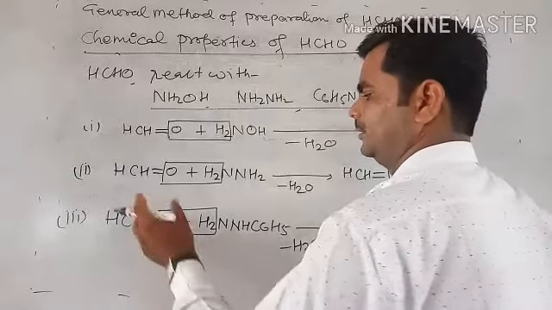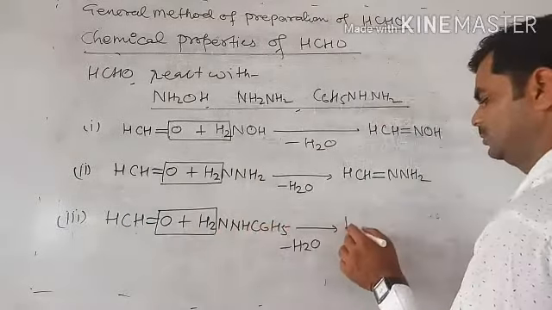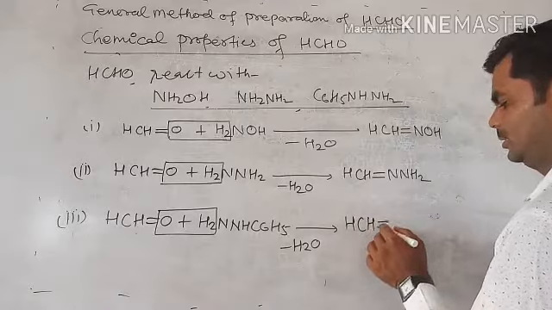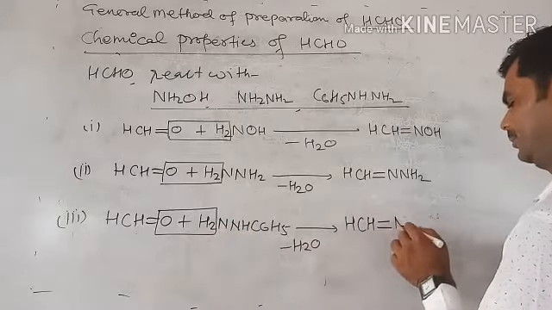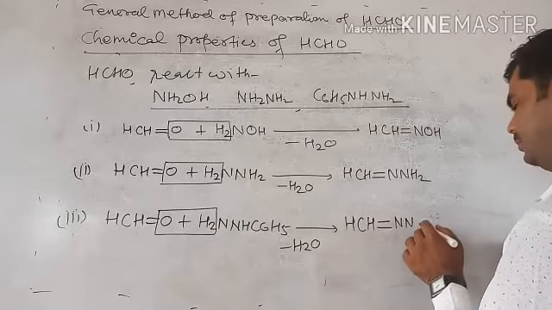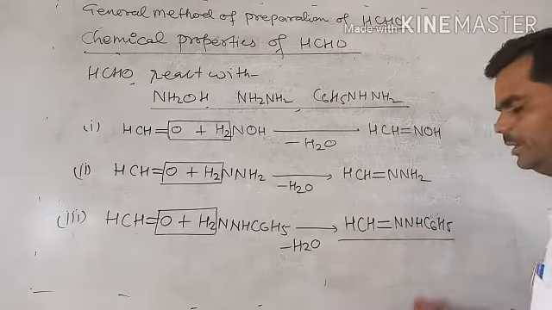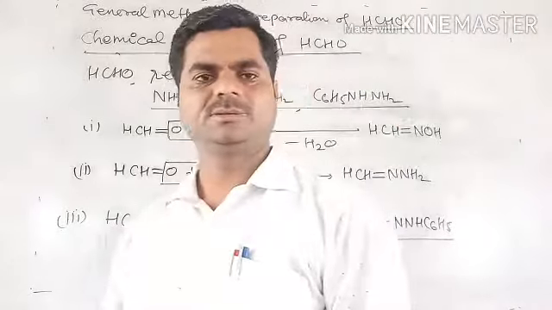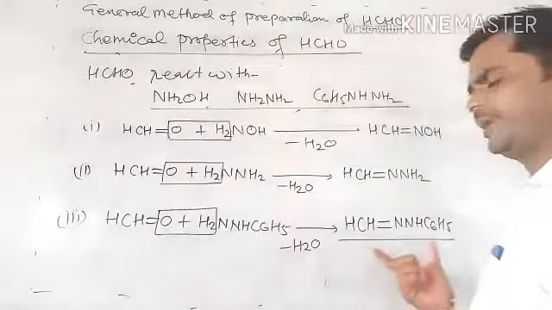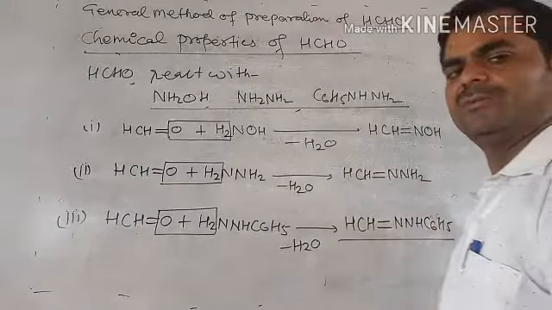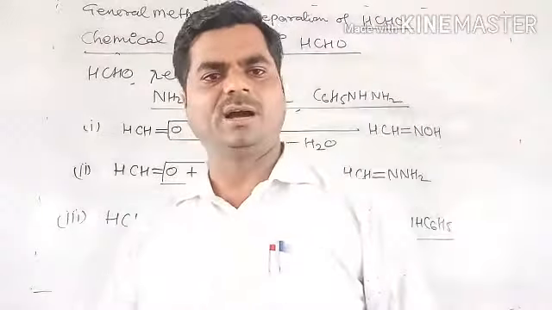What happened here? This gives H2C=N-NH-C6H5. Okay, the name of this compound is formaldehyde phenylhydrazone.